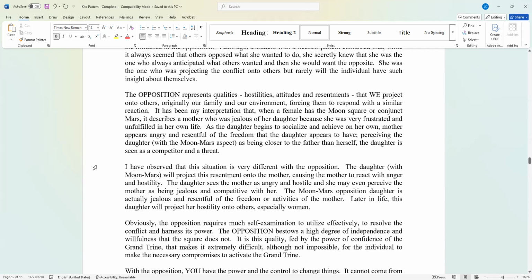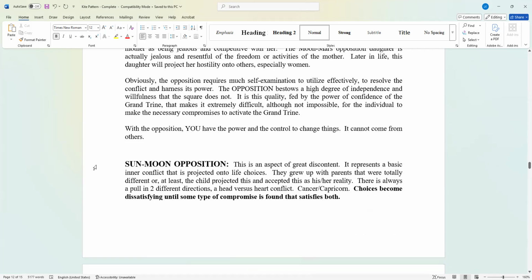So I've repeated some of this stuff. Now, with the sun moon opposition, I don't mention Mercury or Venus because often they're very close to the sun, and it's not always possible to see a Mercury in opposition to another planet. You're often going to see the sun in there too. So I didn't include that.